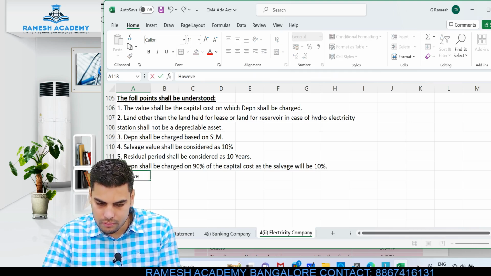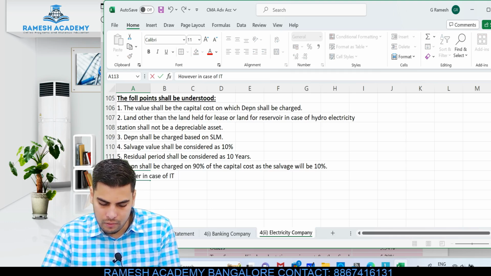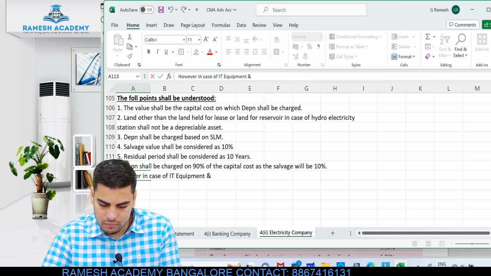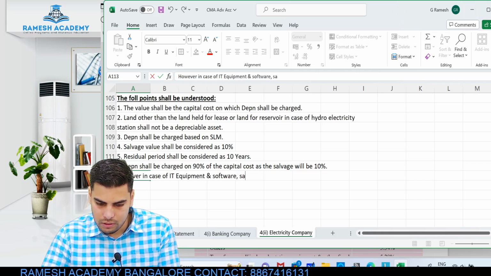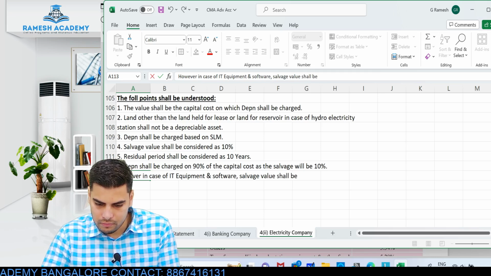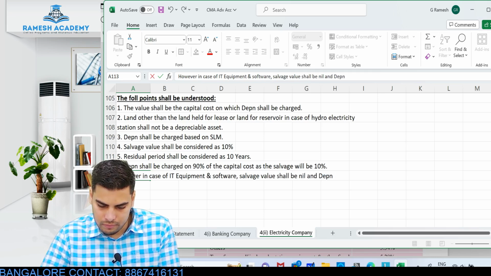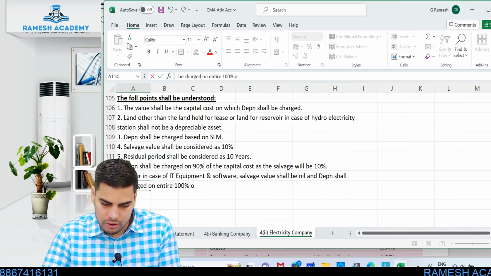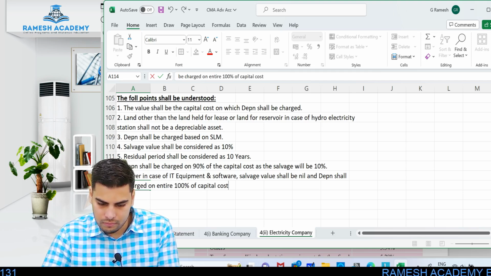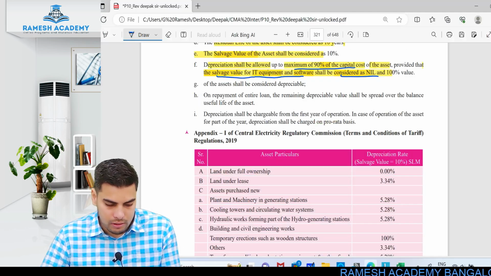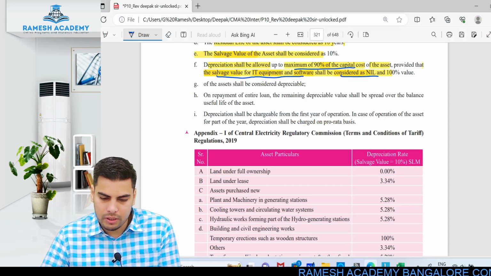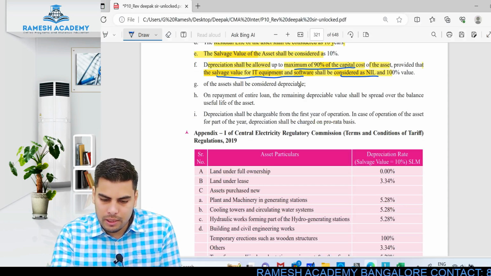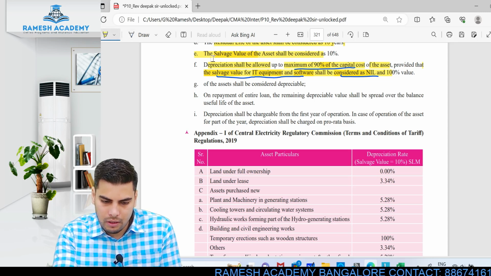However, in case of IT equipment and software, salvage value shall be nil and depreciation shall be charged on the entire 100% of capital cost. Simple. So the entire 100% of the asset shall be considered depreciable. It's actually the same point.